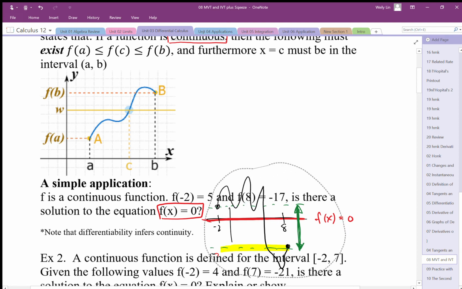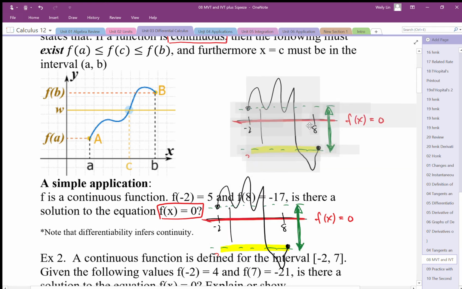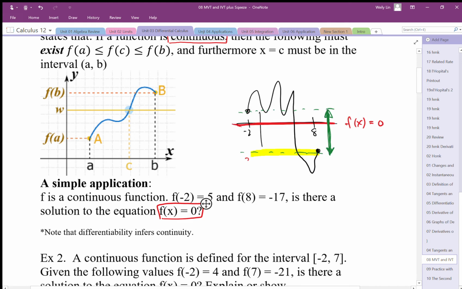Now, even though it goes above and below, we can't make any inferences about it because we can easily draw the same situation where it stays within the bounds. Okay, so we have no idea what's happening above or below. We can't make any conclusions about anything above this line or anything below this line.